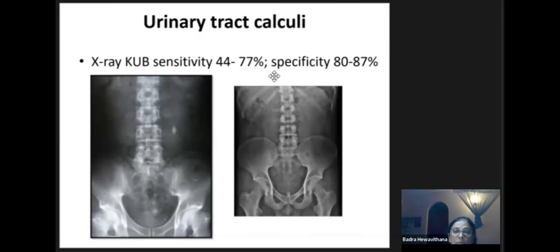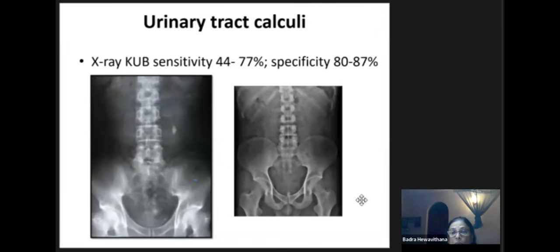And this one, where is the calculus? Do you see a calculus here? No? Or don't want to talk? Can you see? This is the calculus. So it's a urethral calculus stuck there.